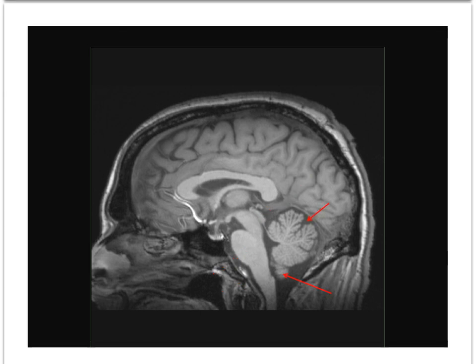The upper arrow is the primary fissure of cerebellum that separates the anterior and posterior lobes of cerebellum, and the lower arrow points out the tonsil of cerebellum. This arrow points out the obex, which is the entrance to the central canal of the spinal cord.